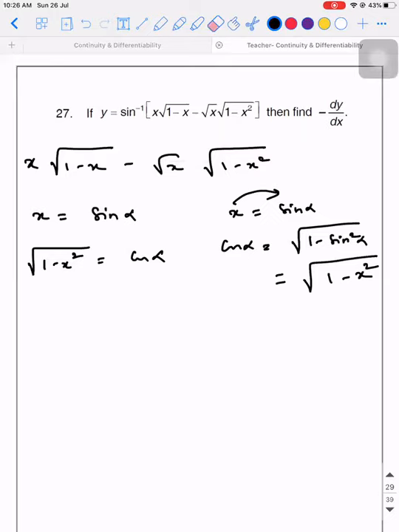So what will x into root of 1 minus x be? So x is sin alpha into root of 1 minus sin alpha.